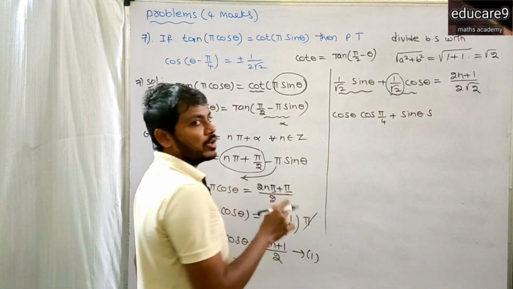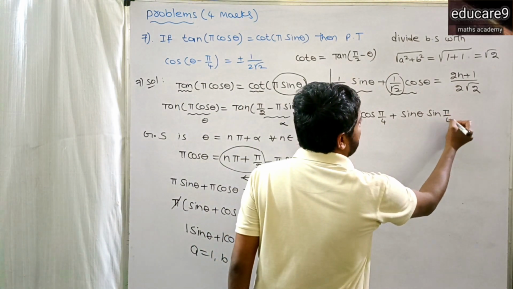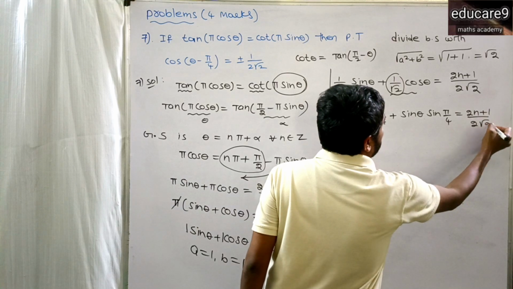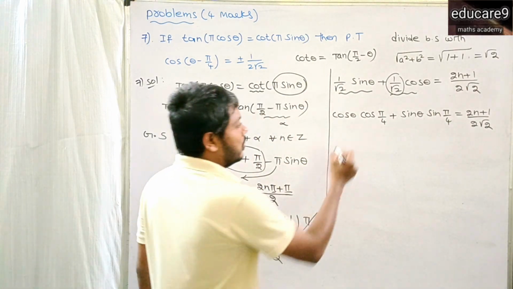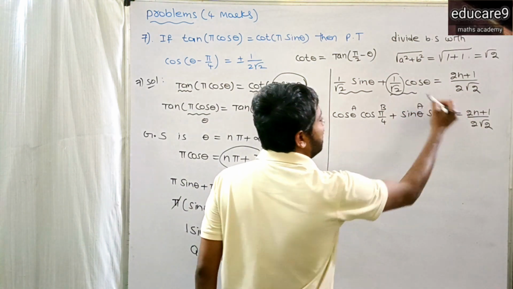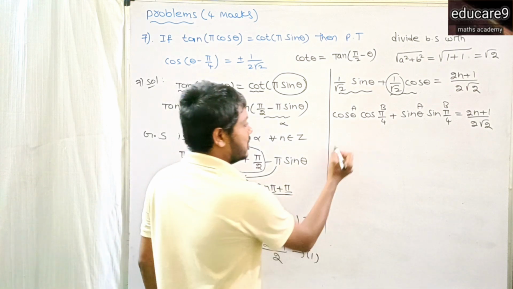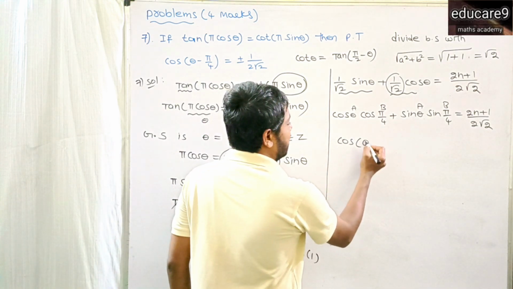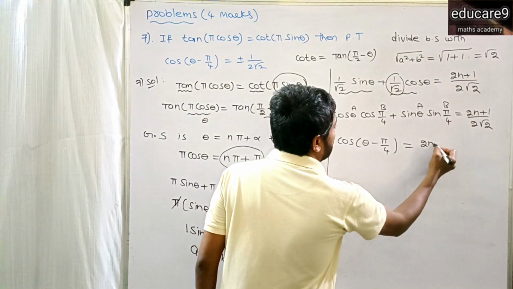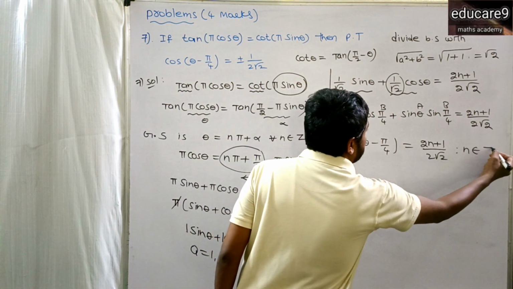Again 1 by root 2, in terms of sin only, that is sin pi by 4, which is equal to (2n plus 1) by 2 root 2. Now cos a cos b plus sin a sin b, clearly that formula is cos of a minus b. So which is cos of (theta minus pi by 4), which is equal to what?